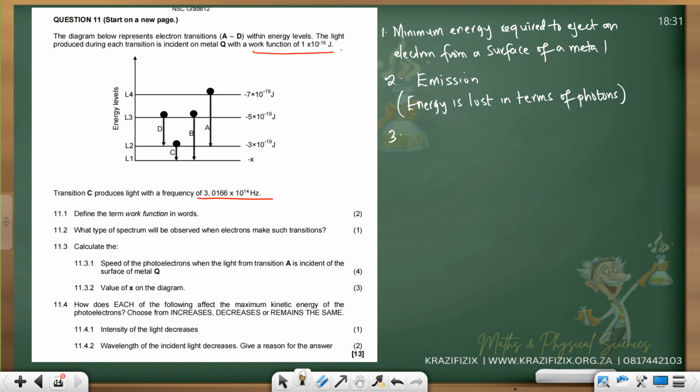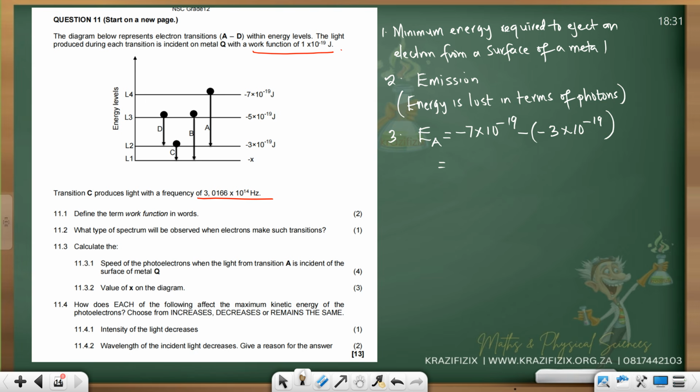Look at transition A. The first thing I can get from here is the energy. So what is the energy of A? We can subtract: negative 7 times 10 to the power negative 19 minus negative 3 times 10 to the power negative 19. Negative is positive.